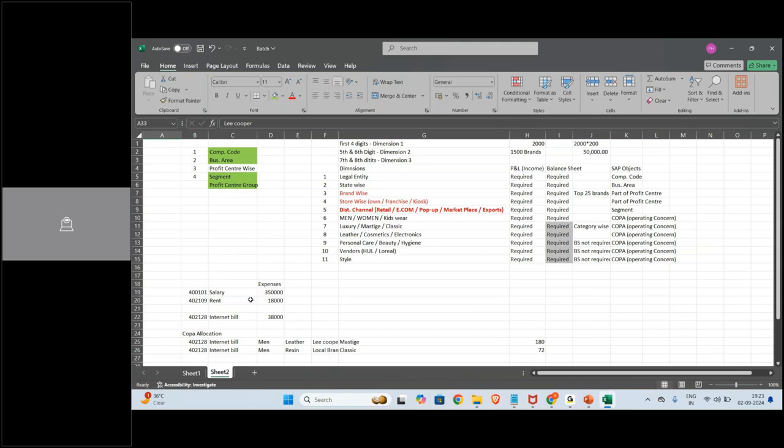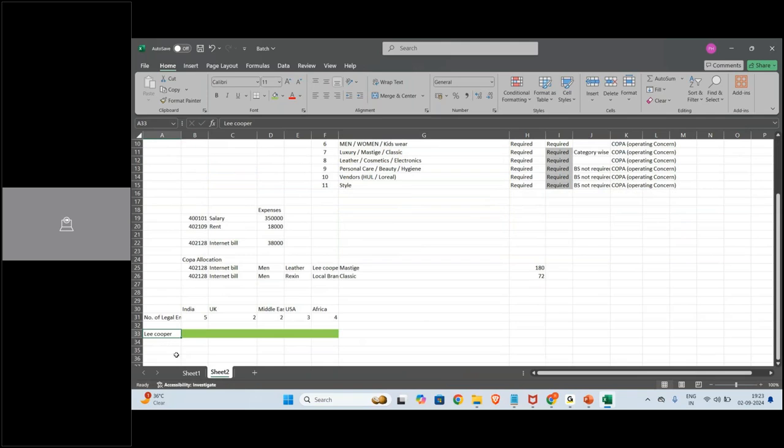Globally, I am getting to know what profit is generated through my Lee Cooper, L'Oreal, Lakme, Bobbi Brown, Mac brands.